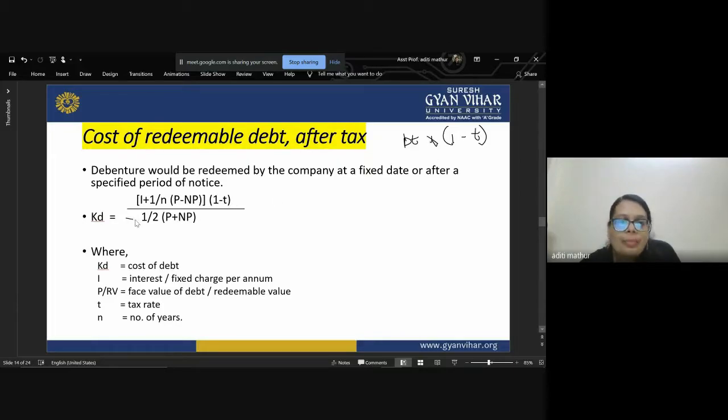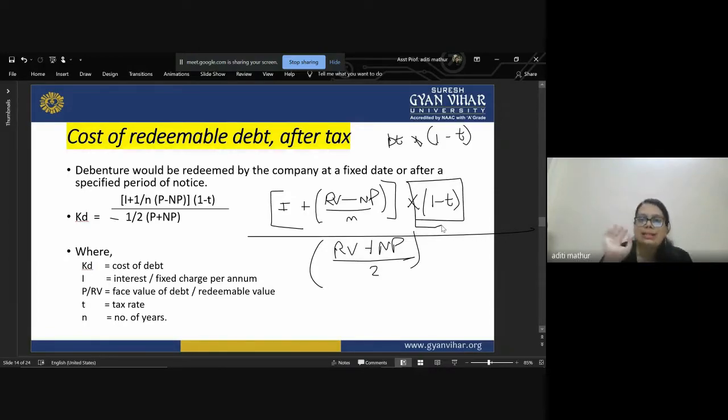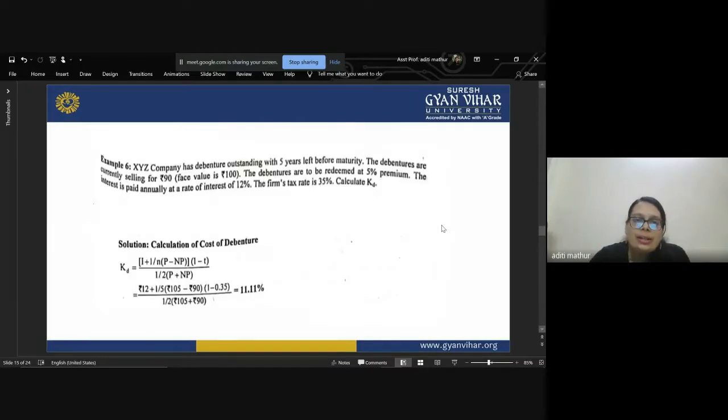Or otherwise, the formula is interest plus redeemable value minus net proceed divided by n, whole multiplied by 1 minus t, entirely divided by redeemable value plus net proceeds divided by 2. So the only extra value over here is the multiplication of the tax, right? So now let us just do the question.